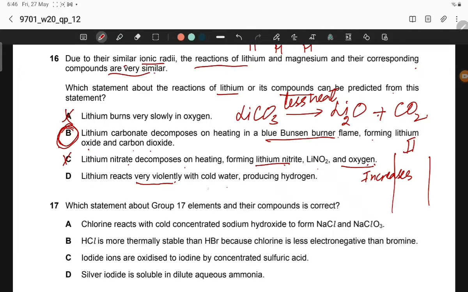Lithium dissolves in cold water, producing hydrogen gas. So it is not correct.